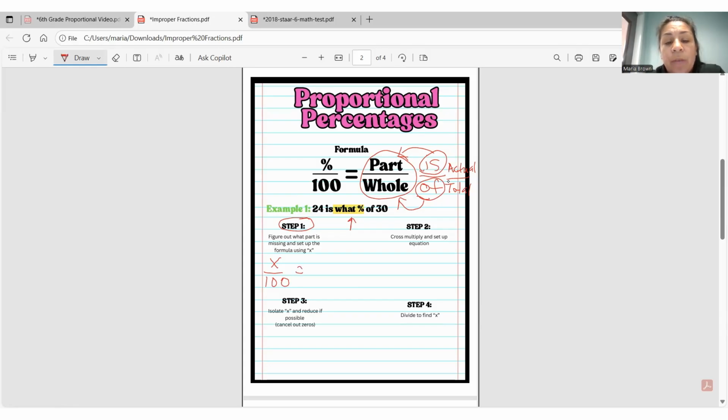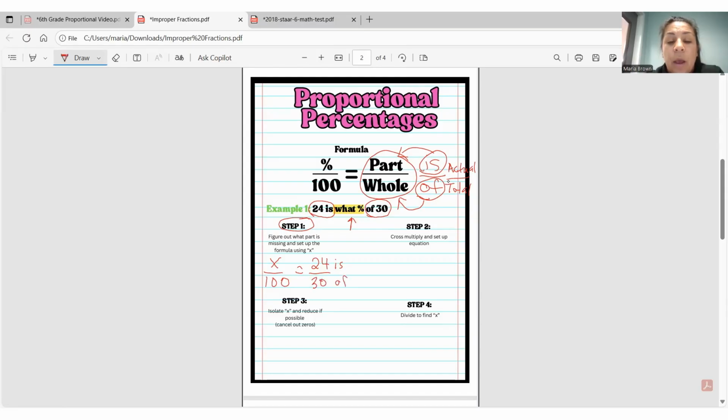We know we're looking for our percentages here, and it says 24 is what percent of 30? So I know we're talking about the fraction 24 is out of the whole of 30.